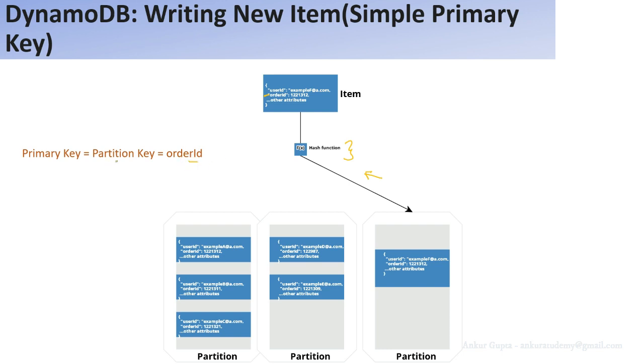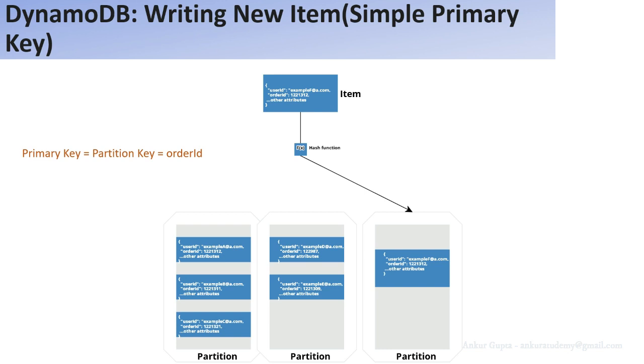Now choosing a good partition key becomes really important because of how DynamoDB stores our items in table based on this partition key. So for a simple primary key, the good examples for choosing a partition key could be a user ID or a phone number, or you can choose the order ID as partition key, because these will be unique for each item and will also have a large number of distinct values relative to the number of items in the table.